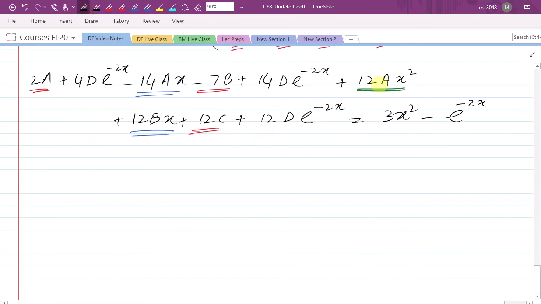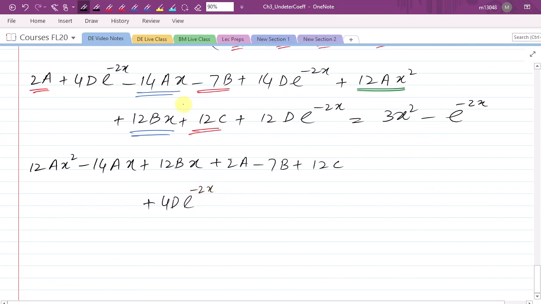So let's start with x square, which is only term, 12a x square, plus x terms, these two. Okay, I'll write them with minus 14ax plus 12bx, constants 2a minus 7b plus 12c, and then I will write e power terms, which is 4d e power minus 2x.